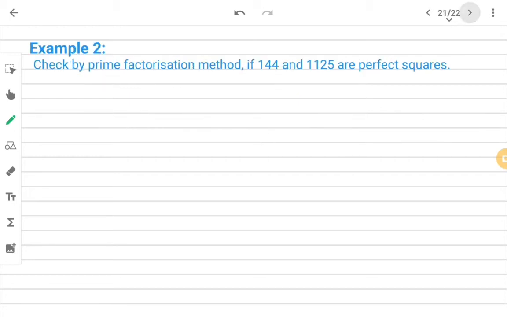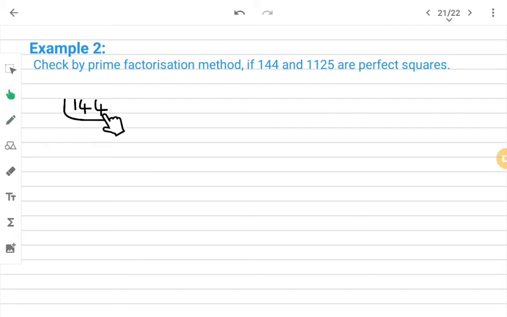Now, example 2. Check by prime factorization method if 144 and 1125 are perfect squares. What is prime factorization? You want to divide by the prime numbers, right? Have you all remembered the prime numbers? Yes.